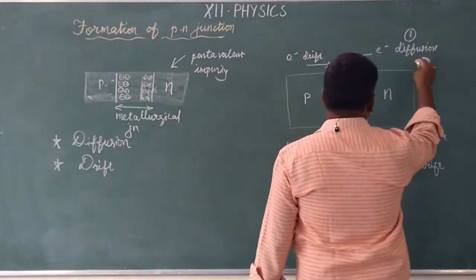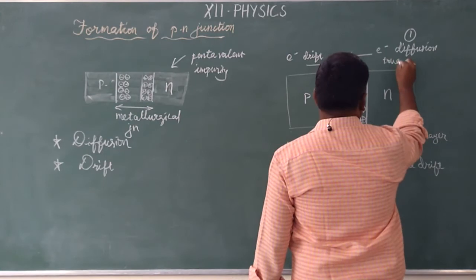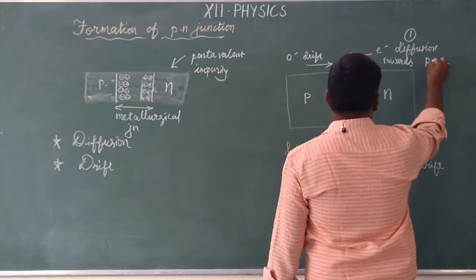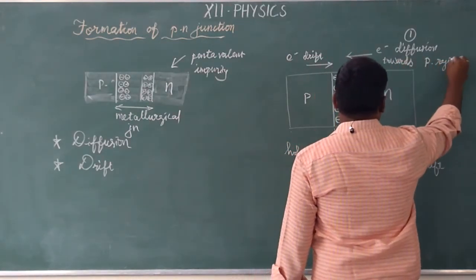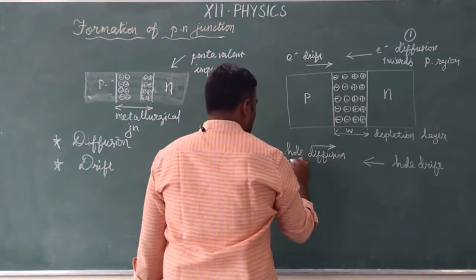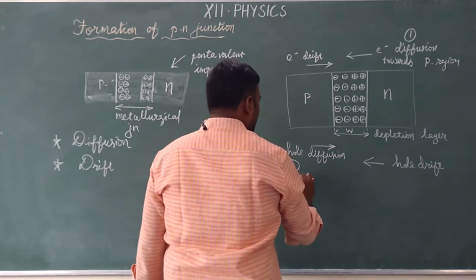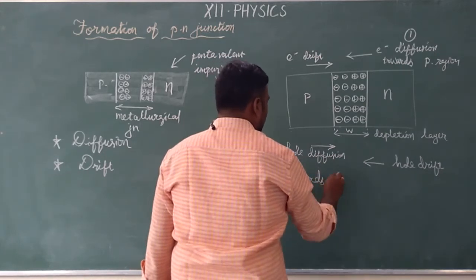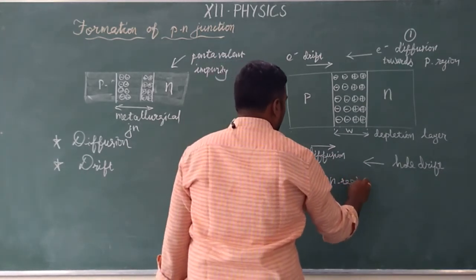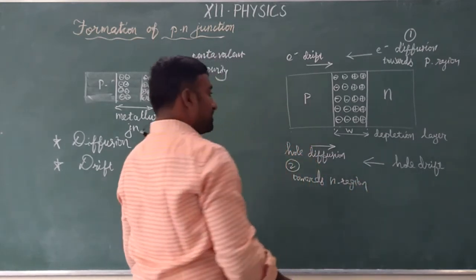So electron diffusion towards the p region, and hole diffusion takes place towards the n region. So this is diffusion.